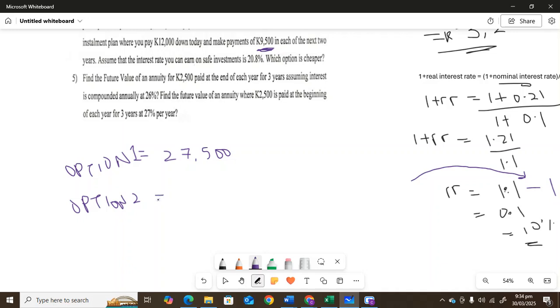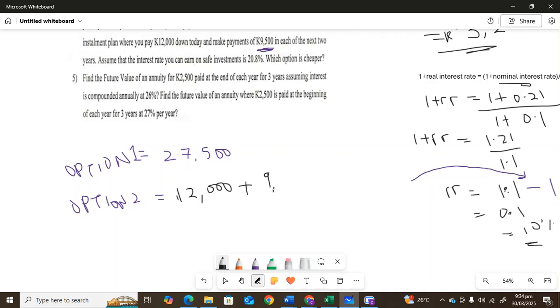Okay. You've got the 12,000 that you pay upfront, plus, remember we're still using the present value formula, future value multiplied by 1 plus r to the power negative t. In this case, this 9,500, you take it as a future value.